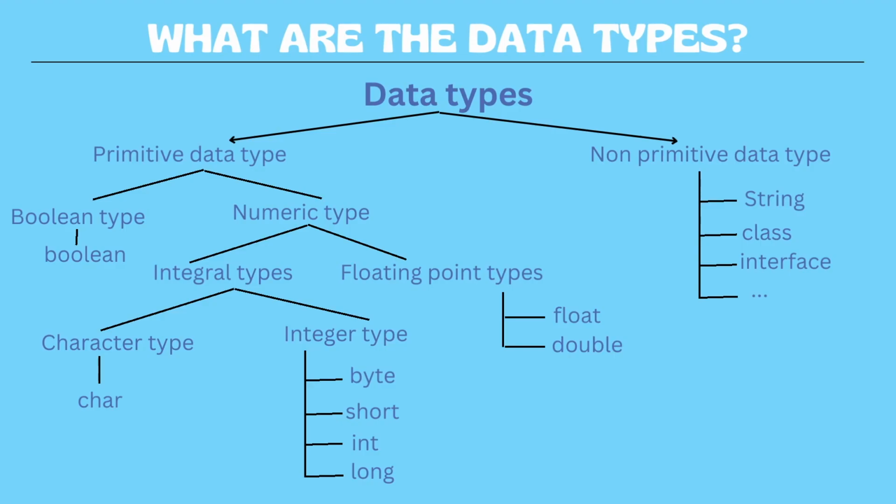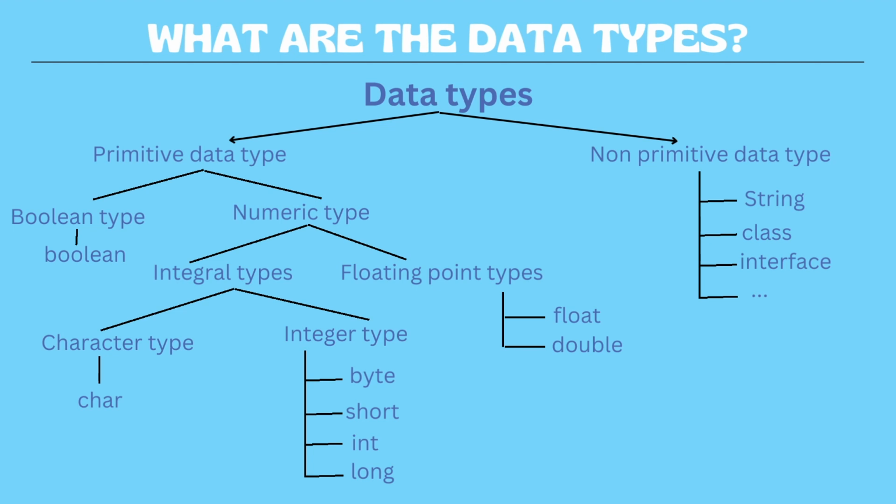Now let us look at the different types of data types. Data types can be classified into two types: the primitive data types and the non-primitive data types, or simply reference types. Under the primitive data types, we have the boolean type and the numeric type. The boolean type has only two values, like true, false, 0, 1.